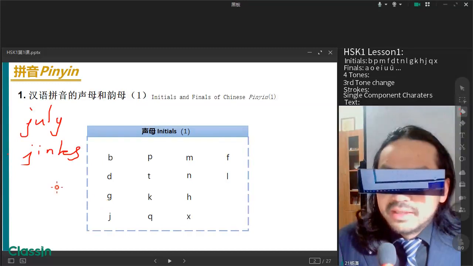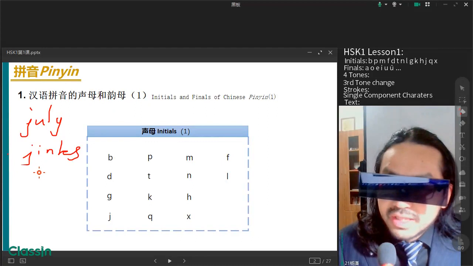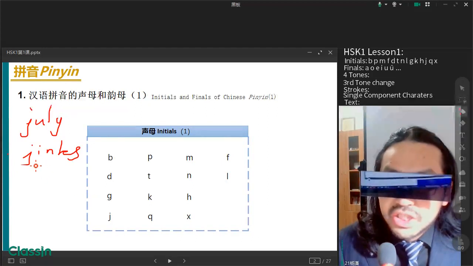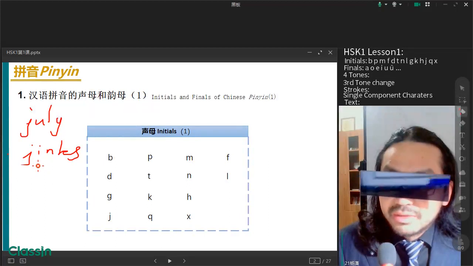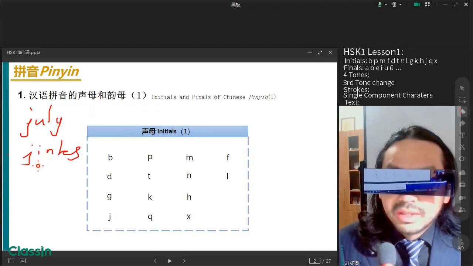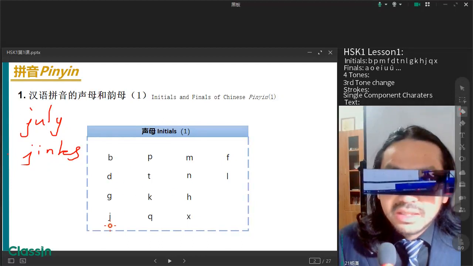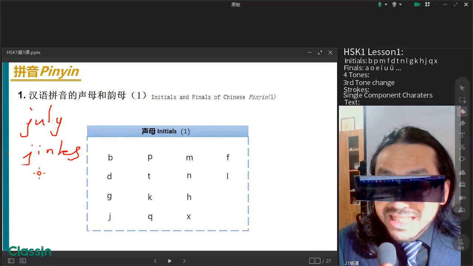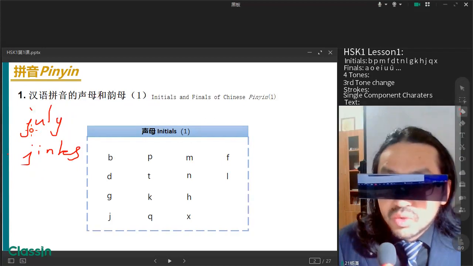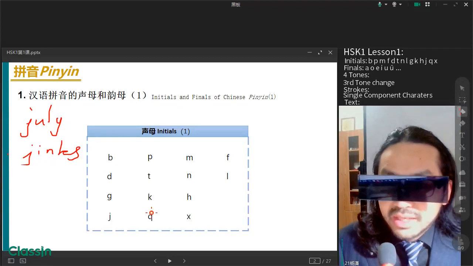But remember, if you cannot separate the English G from the Chinese ji, at the beginning you can read it in the English way, but you have to know it's not exactly like these letters. This G is a little different from the English one. Jinx, 金可死. July, 鸡. Okay, 鸡.